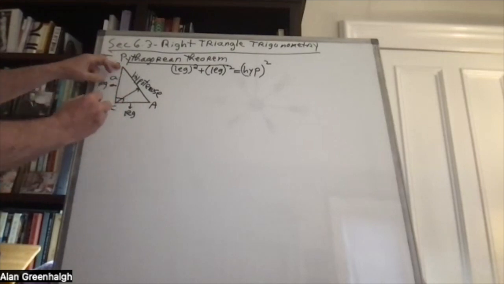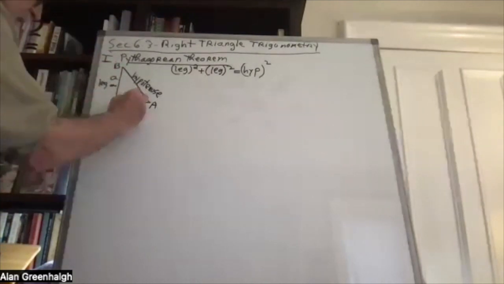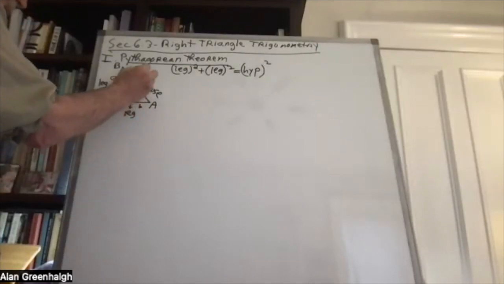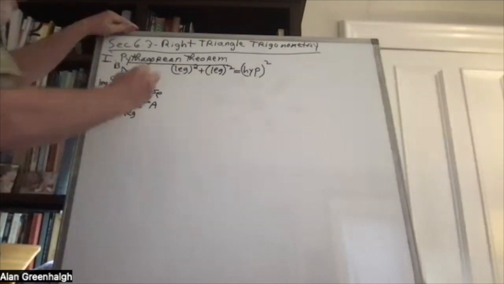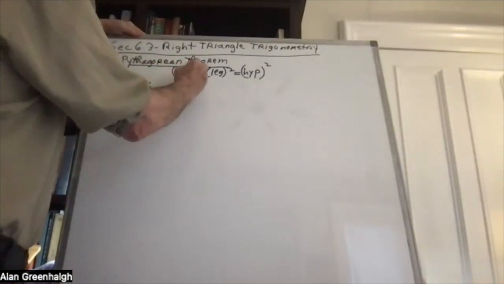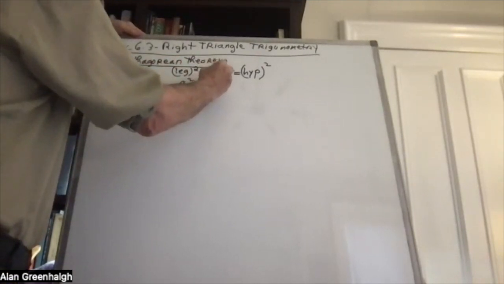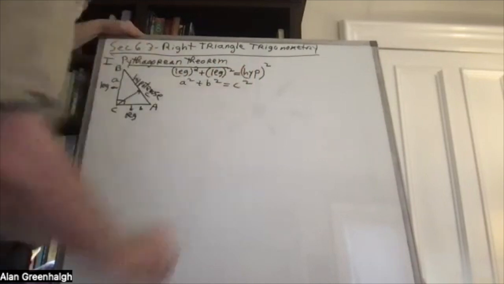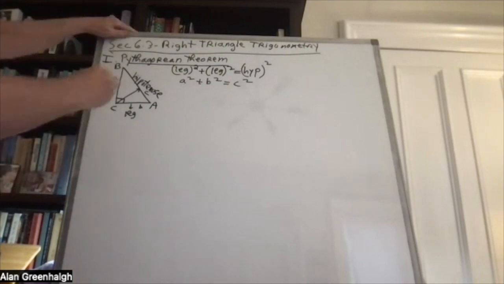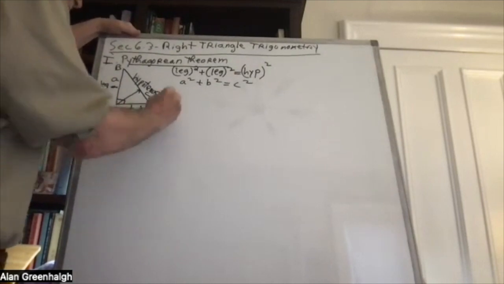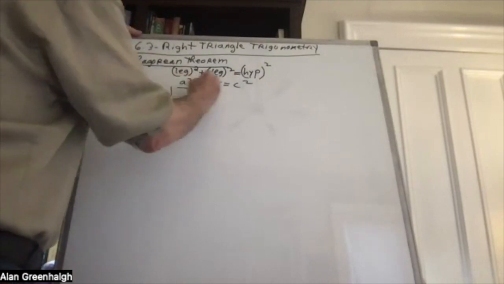The side opposite angle B is little b, and the side opposite the right angle, the hypotenuse, is known as c. This is where a squared plus b squared equals c squared comes from. It doesn't matter, but this is the way we're going to be using it these next couple of weeks.